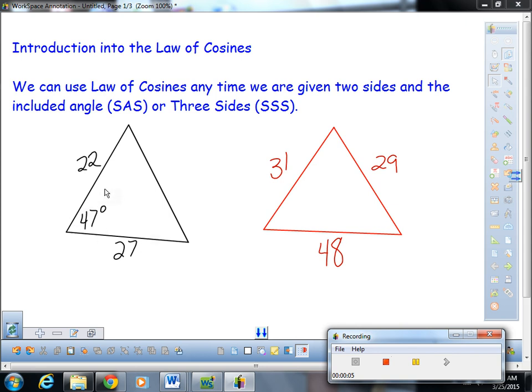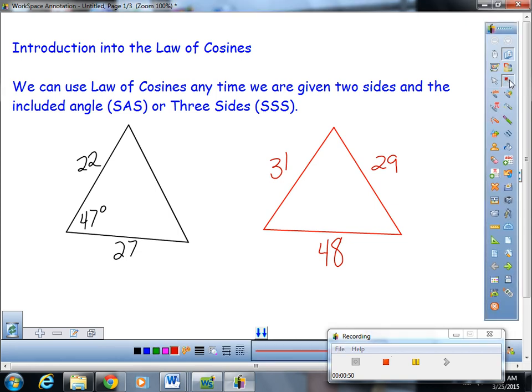This is your SAS scenario, where those letters stand for side, angle, side. The other scenario is very simple. If you know all three sides of a triangle, then you can use the law of cosines. So, SAS and SSS are when we use the law of cosines.